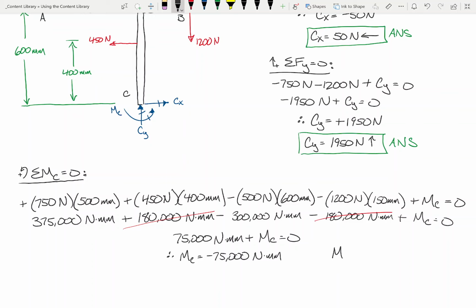So MC is going to be 75,000 Newton millimeters, or if you want to write it as 75 Newton meters, there are 1,000 millimeters in a meter, so just divide. Either one's fine. And as for the direction, this is a moment, so the direction is going to be a rotation. This was a negative moment, so this is going to be clockwise.